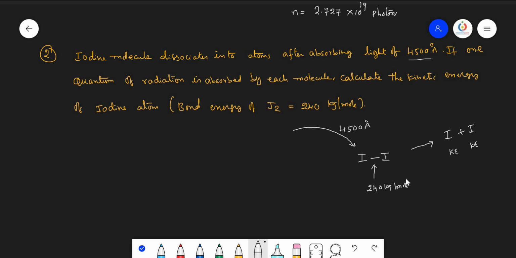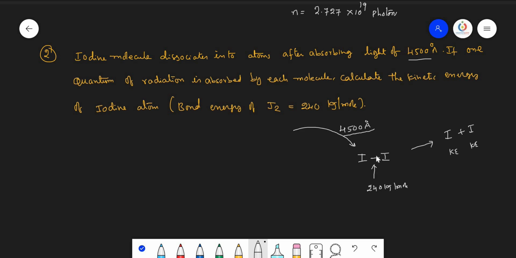So what are the things we need to do here first? We need to calculate how much energy was absorbed by the iodine first. This is the energy absorbed. Because the wavelength is given, this has to be converted into the energy form. And afterwards, within this energy, how much energy was utilized by one iodine molecule to break?